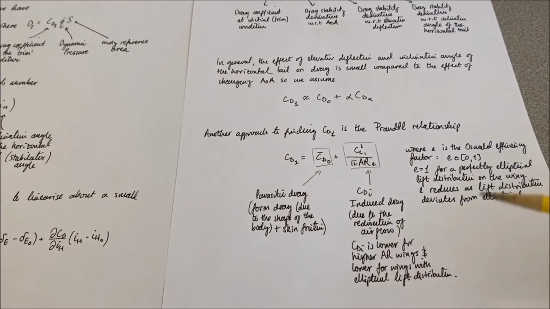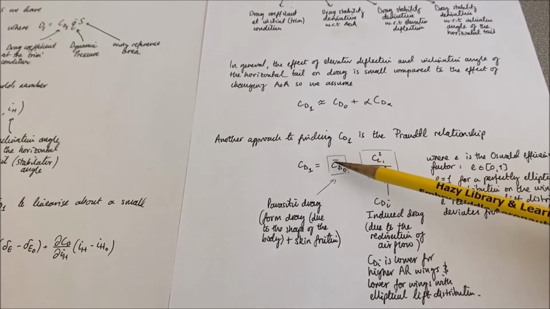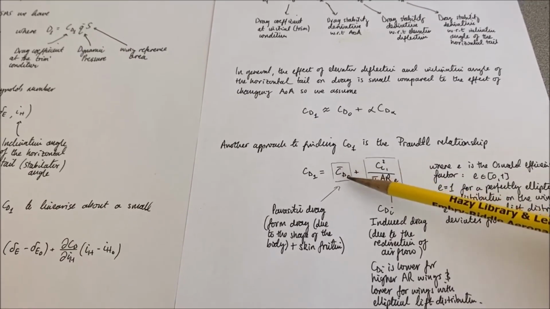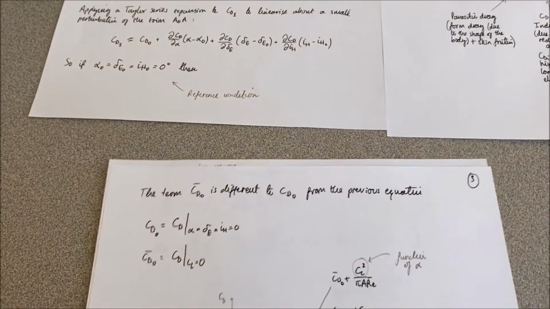So the only problem that we have with this at the moment is that this CD0 bar is a different CD0 to this one, right? And that's what I'm going to explain right now.